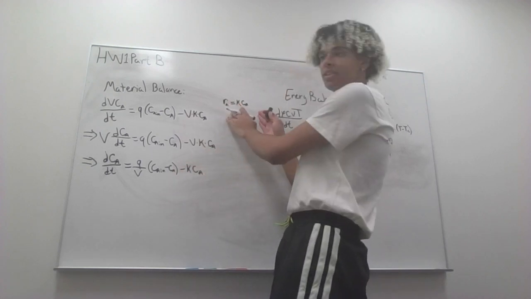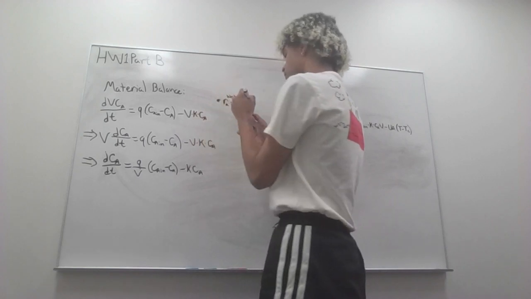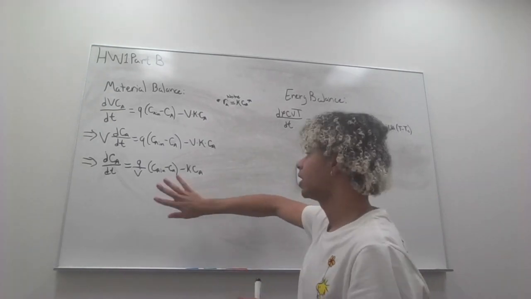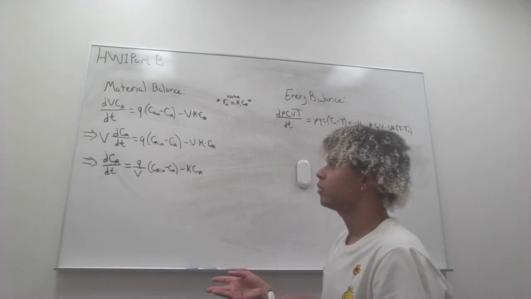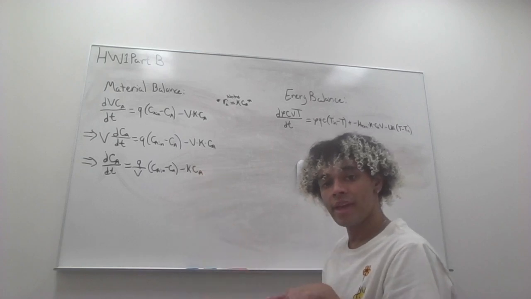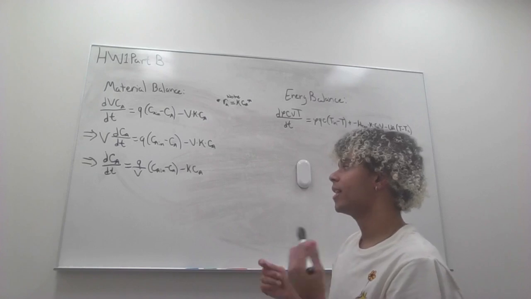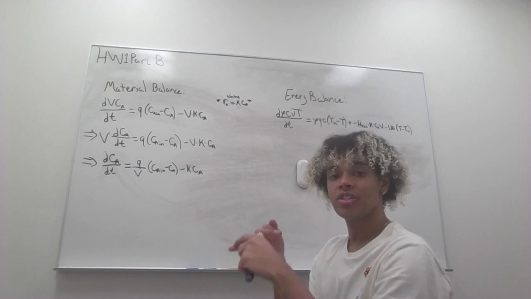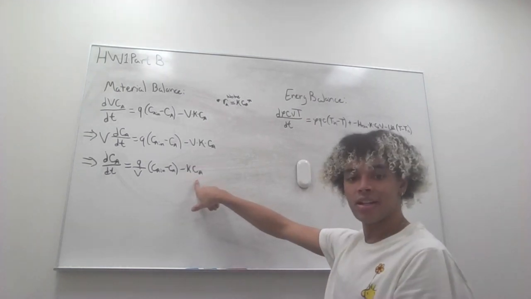So now we have the problem set up where the derivative of the concentration with respect to time is equal to flow divided by the volume, multiplied by the concentration going into the tank minus the concentration of the tank, which is being minused by the K value times concentration.